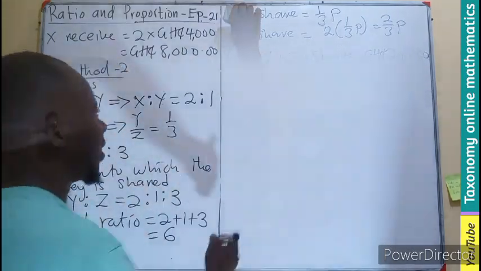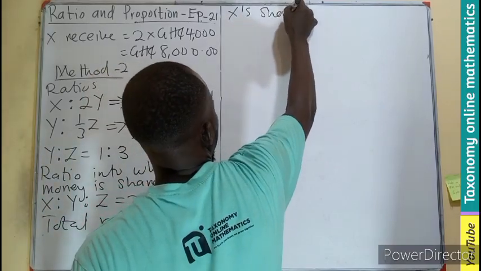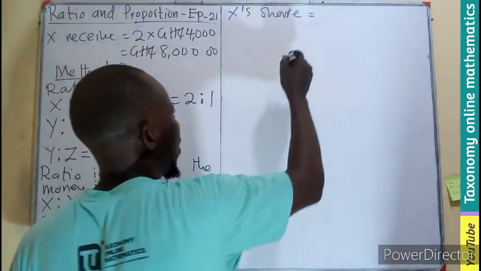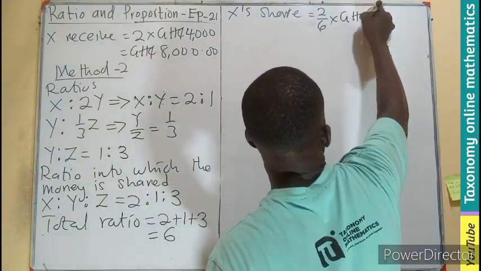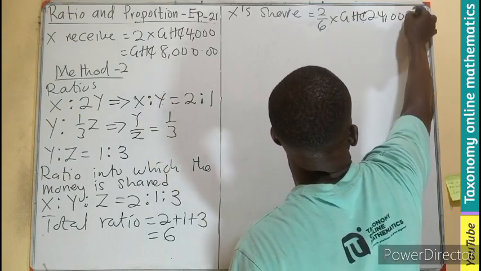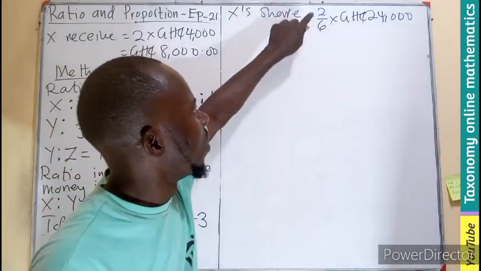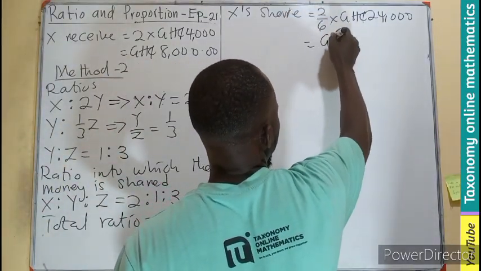If this is the total ratio, we can find the individual shares. Let's take X's share. The ratio corresponding to X is 2 out of the total 6, multiplying 24,000. 6 goes into 24 four times, 4 times 2 is 8, so that will be 8,000.